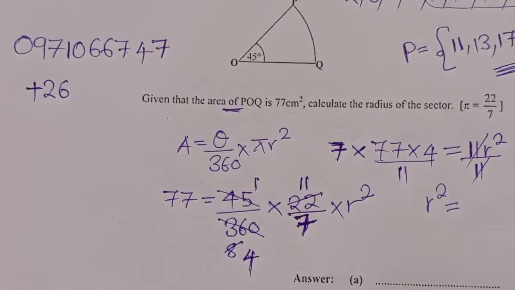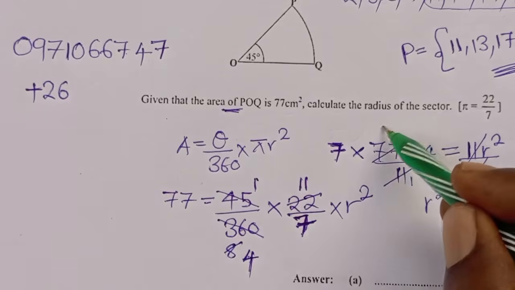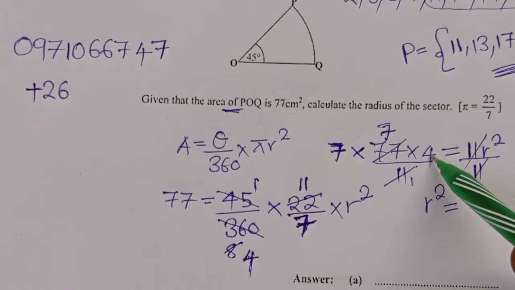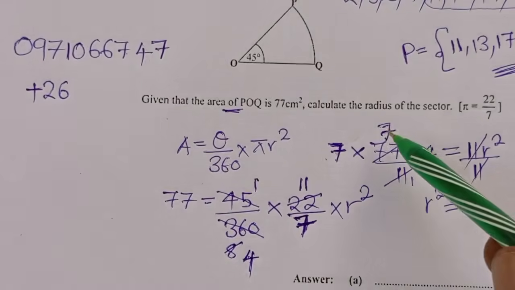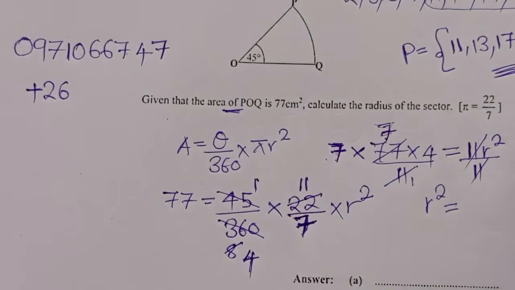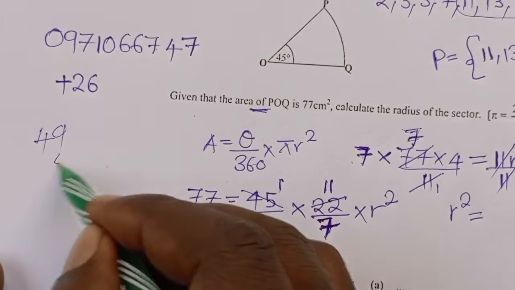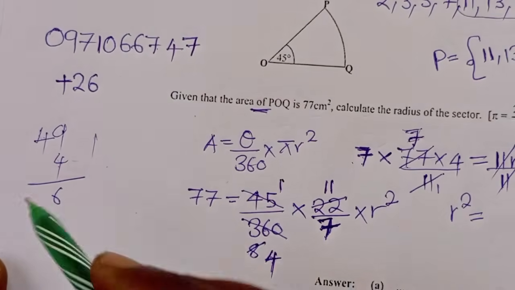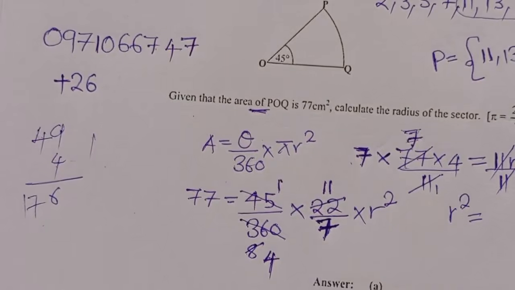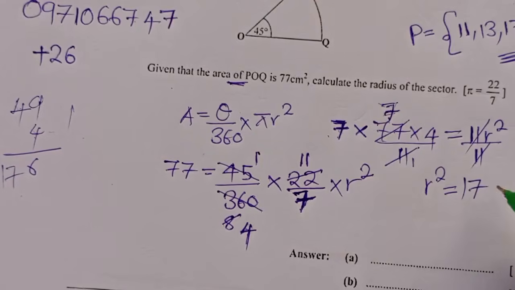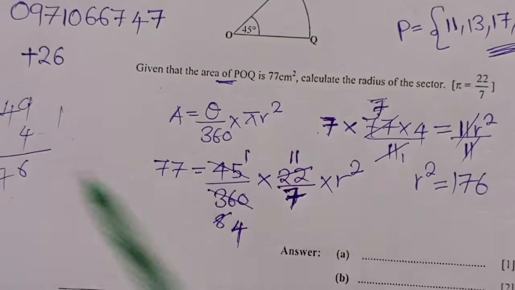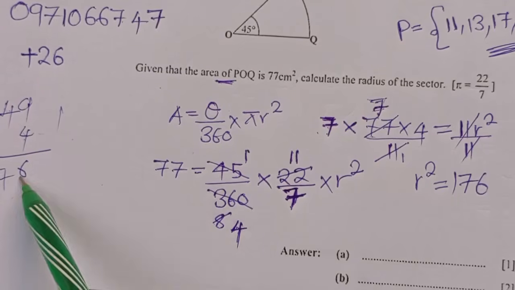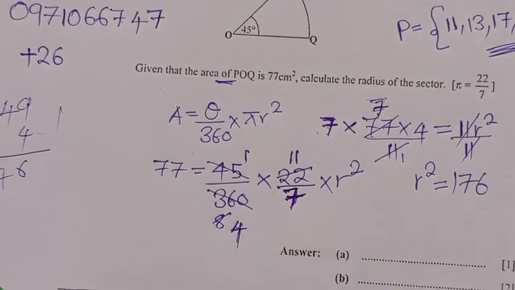So how do we go about that? 11 into 77 is 7, so I've got 7 times 7 times 4. 7 times 7 is 49, and 49 times 4: 4 times 9 is 36, so 6 remainder 3. 4 times 4 is 16, plus 3 is 19.